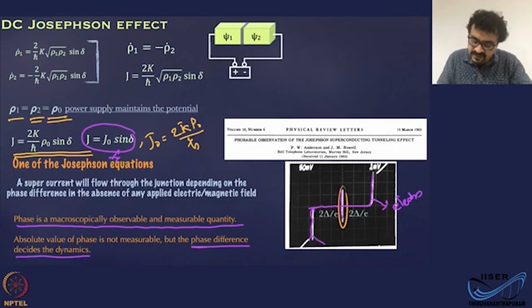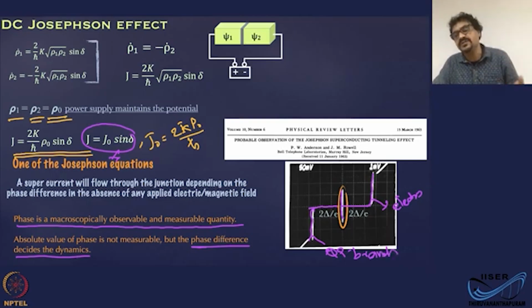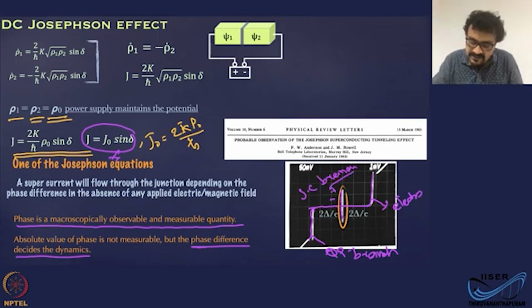So this is your quasi-particle branch, of the superconductor. This is not a normal metal. And this is your supercurrent branch.